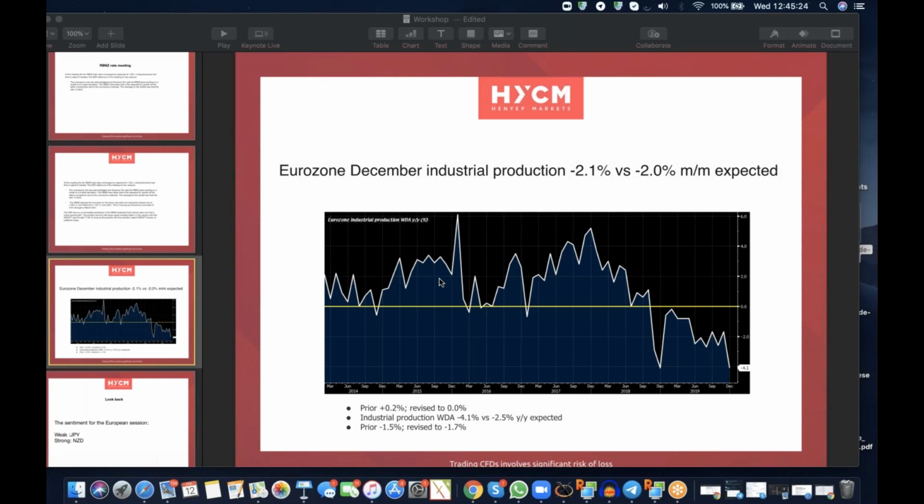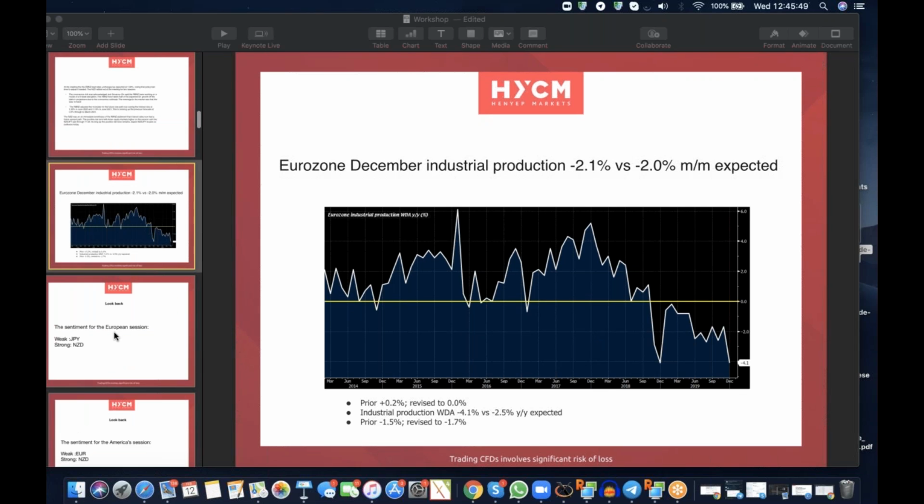So we're seeing this continual downward spiral for Eurozone industry, okay? And that's been further confirmed today. So watch from now. If we see that getting worse, expect more euro sellers and more euro selling. So this is, again, a weak currency. So that's what's come through the European session.